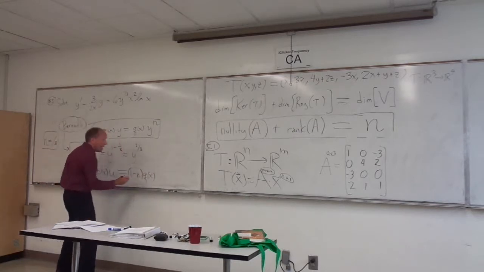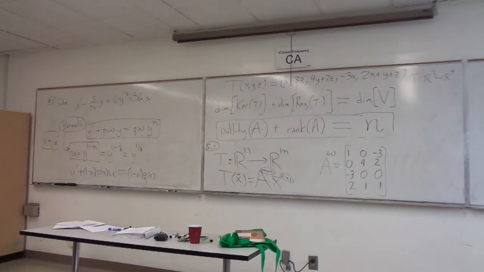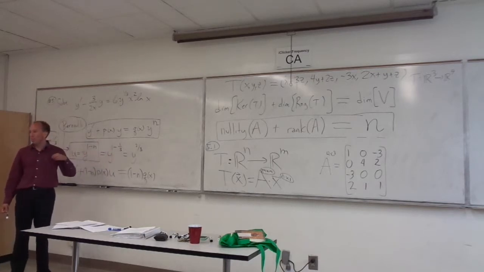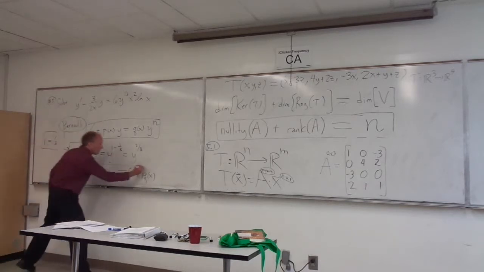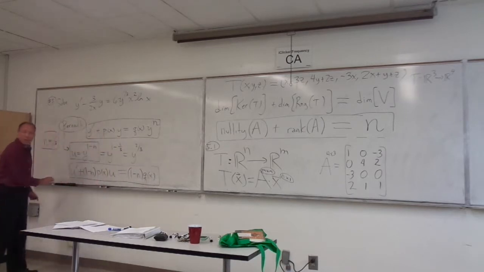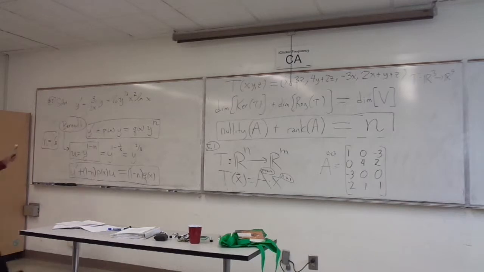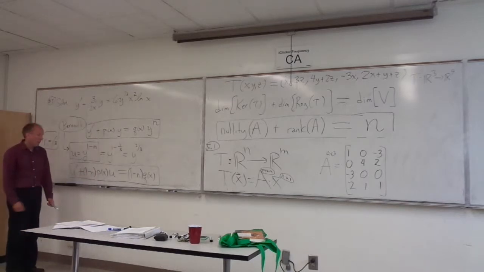And the y to the n is gone. The whole point here is that the y to the n disappears when you do this change of variables. I don't want to go through rederiving that right now. That's too much time and effort, but this is the equation. You really want to make sure you know this one here, okay?